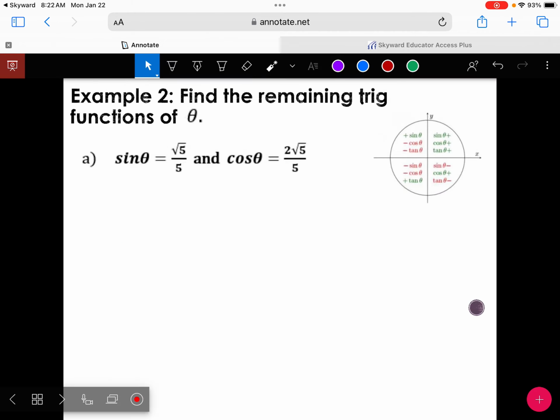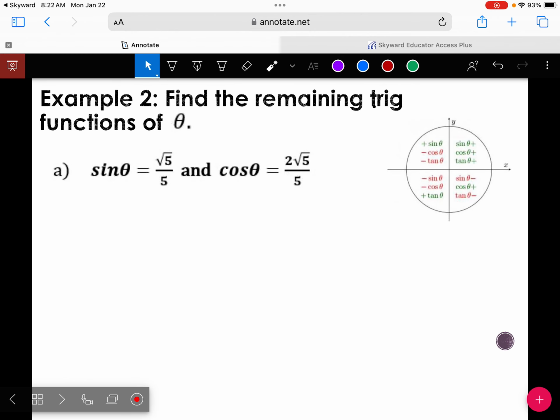So now moving on, more for you guys to copy. I know it's example 2, that's all right. Copy down this question real quick and then we'll get into it.